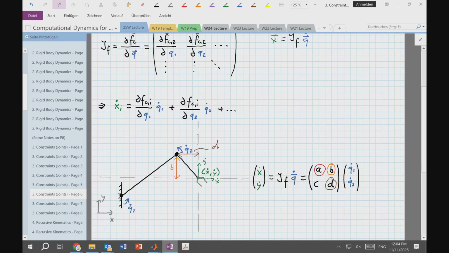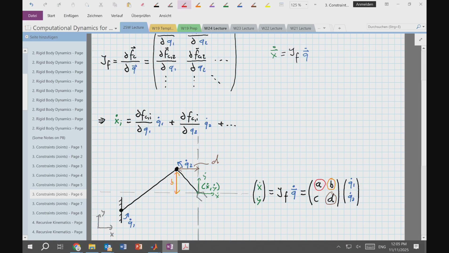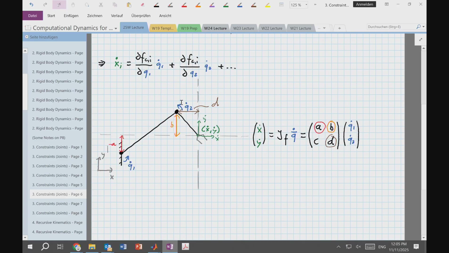Now I need the lever arm between, well, this point and, again, my end effector. So this distance here is a. To be precise, I write minus a because a positive q2 dot will give us a positive motion of the end effector this way. A positive q1 dot will give me a negative motion in the negative x direction.